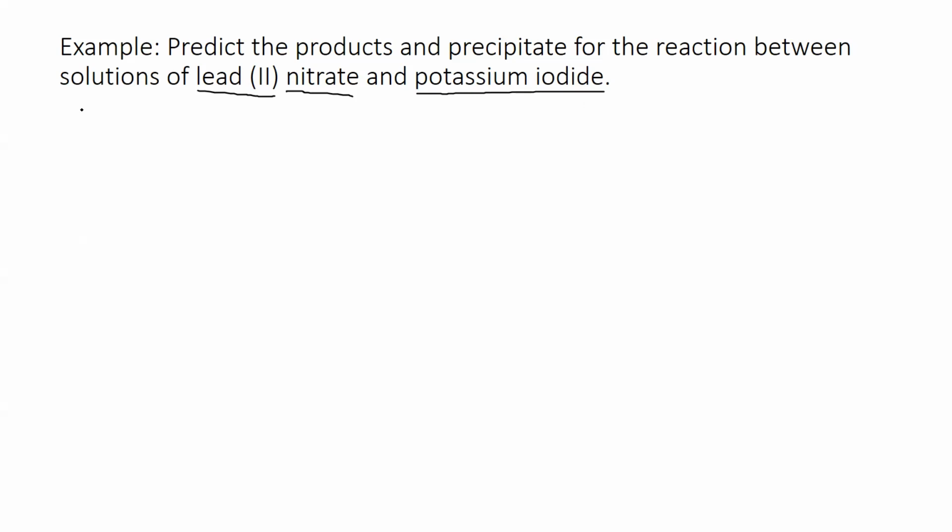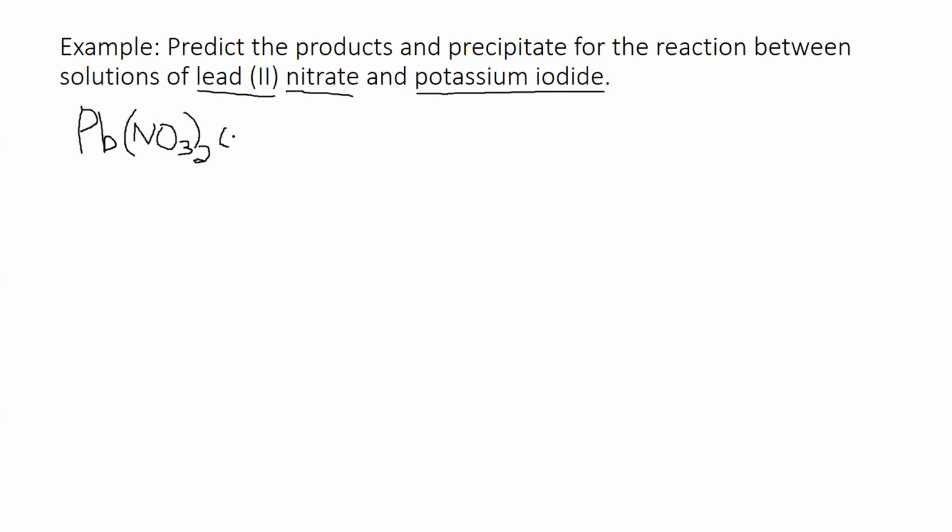And so what we can do is we can start our chemical equation. We can say, okay, lead nitrate, Pb, but it's lead 2+. And so we've got our nitrate, which is NO3 -1. And so we know that we should have 2 nitrates for every 1 lead.